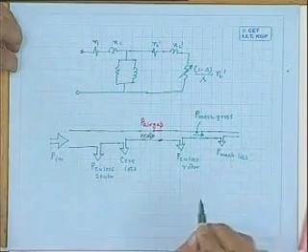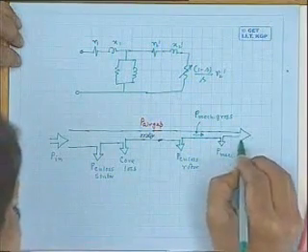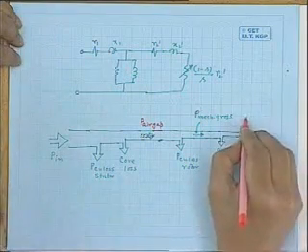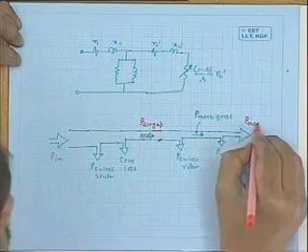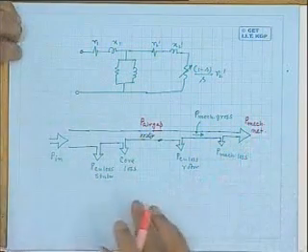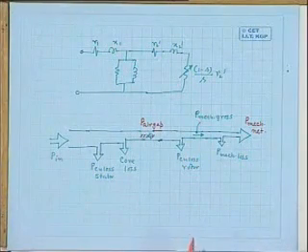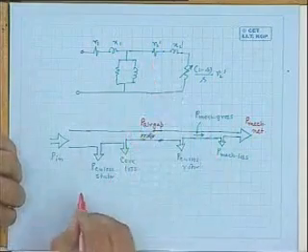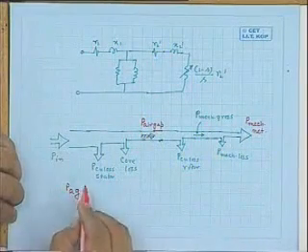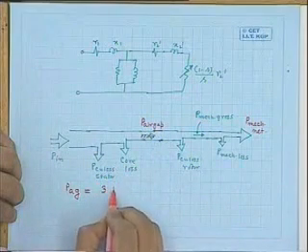So you subtract the P mechanical loss, and this one will be your P mechanical net. This diagram you should keep in your mind. Okay. Now, in terms of the equivalent circuit, what is this P air gap?